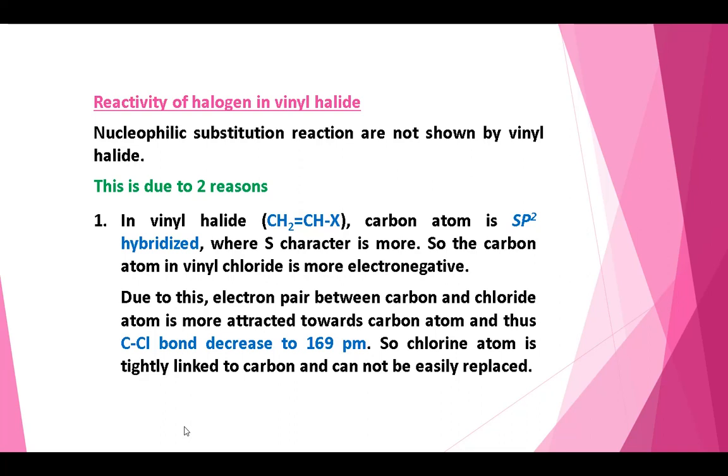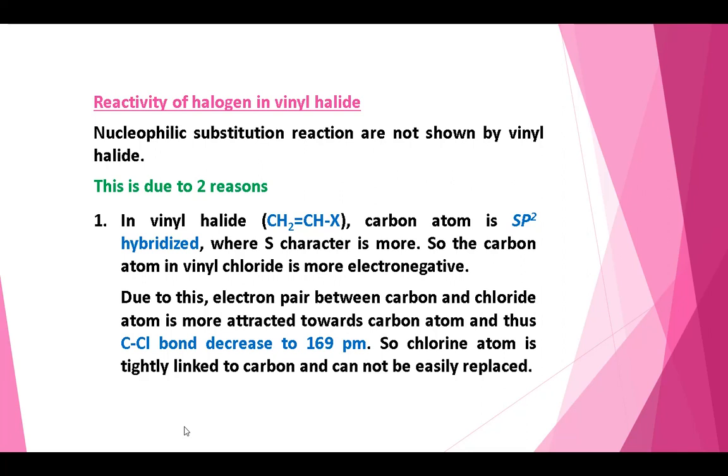Number 1, in vinyl halide, if you see the structure CH2 double bond CH single bond X, the carbon atom is sp2 hybridized, where the s character is less and p character is more, that is 66%. So the carbon atom in vinyl chloride is more electronegative.